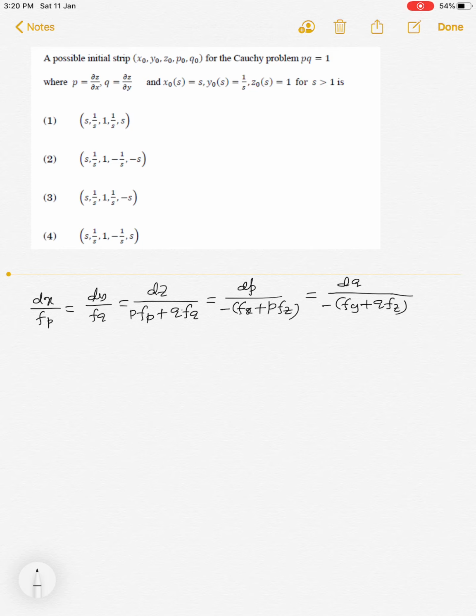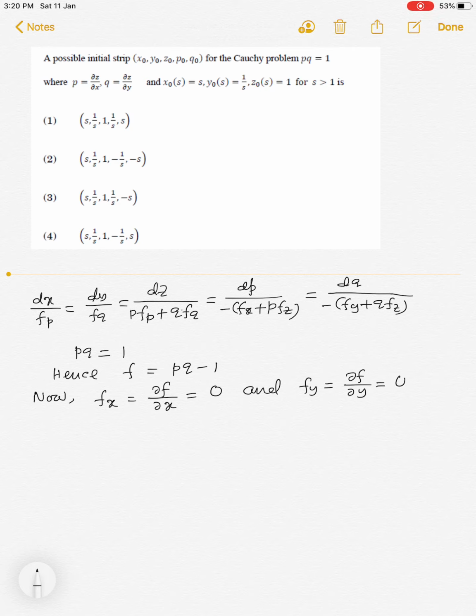Here the partial differential equation is given by pq is equal to 1. Hence we may consider f is equal to pq minus 1. Now it is easy to check that f_x, which is del f del x, is equal to 0, f_y, which is del f del y, is also 0, and f_z, which is del f del z, is also 0.